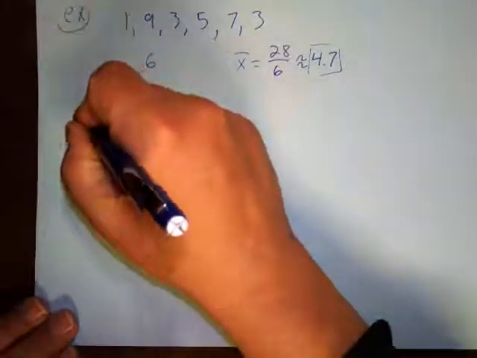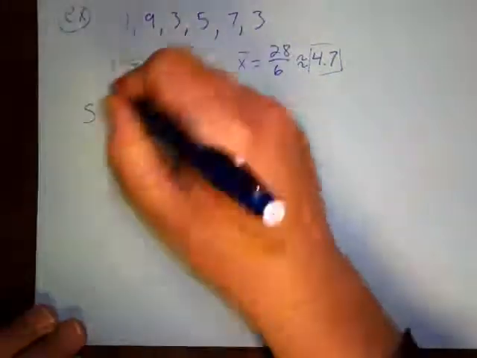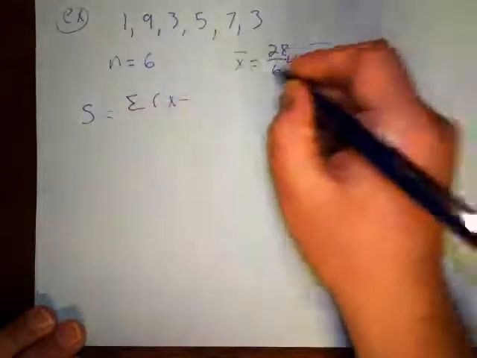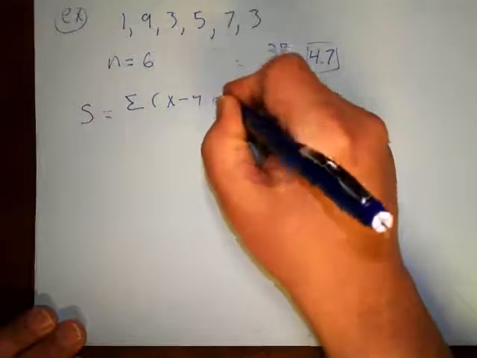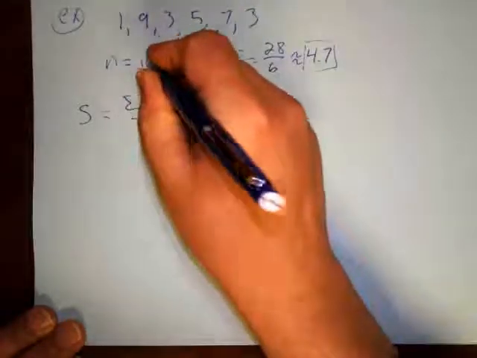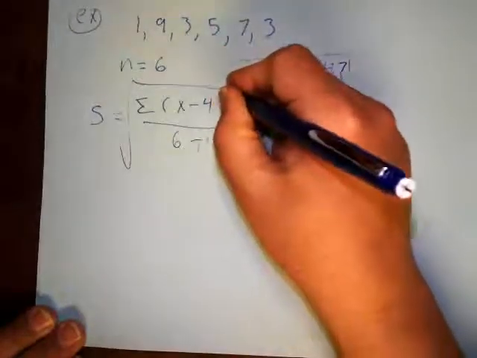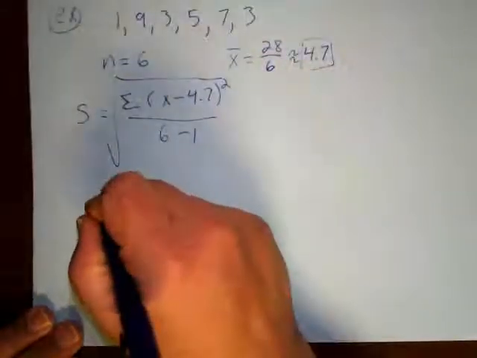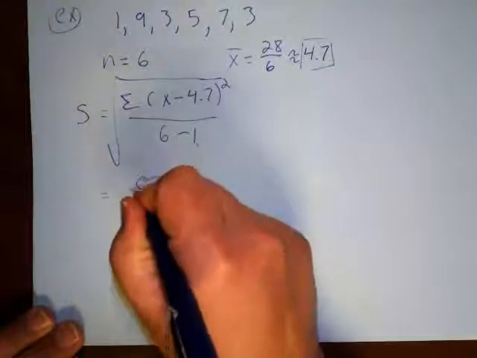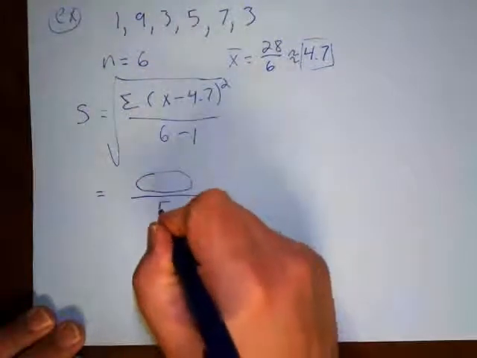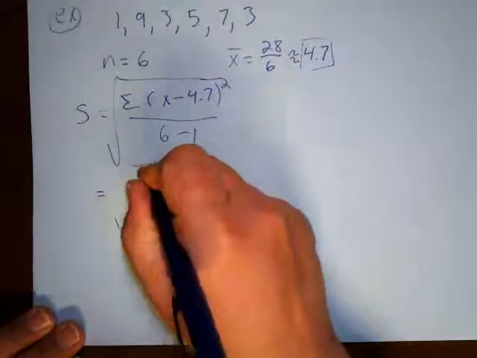So S here is going to be the square root of the sum of x minus the mean, 4.7, squared, divided by 6 minus 1. Okay, and so then I'll divide by 5 and take the square root.